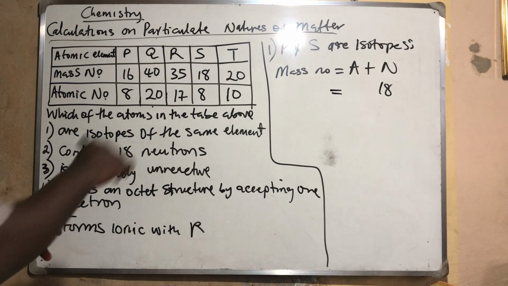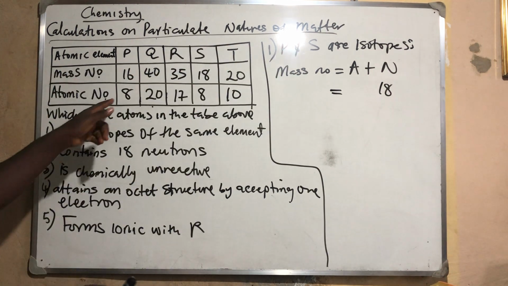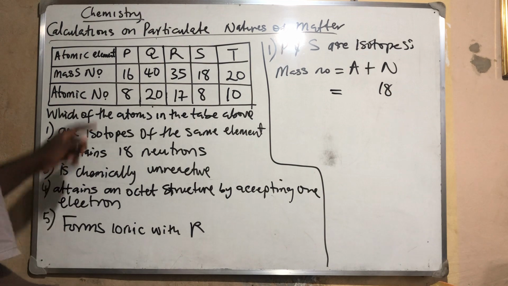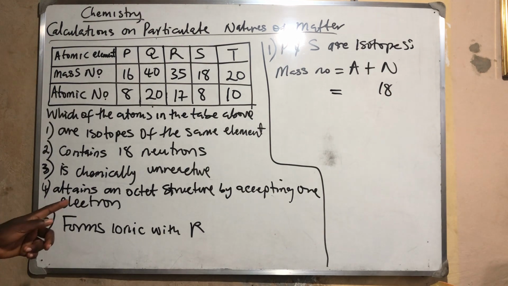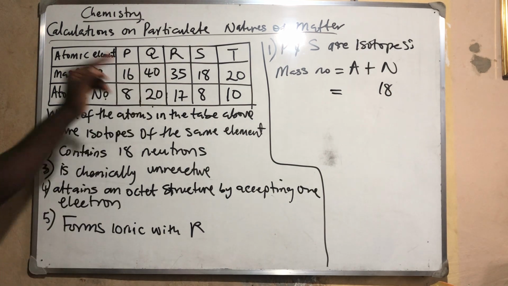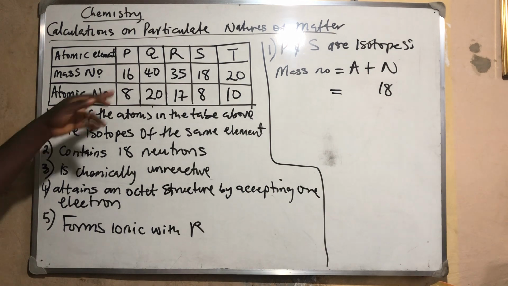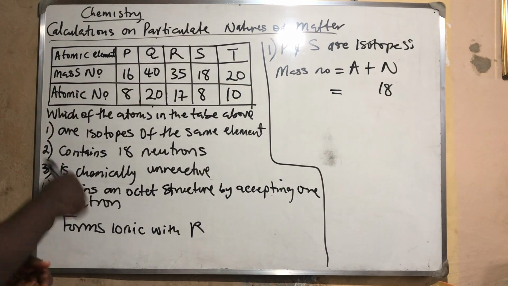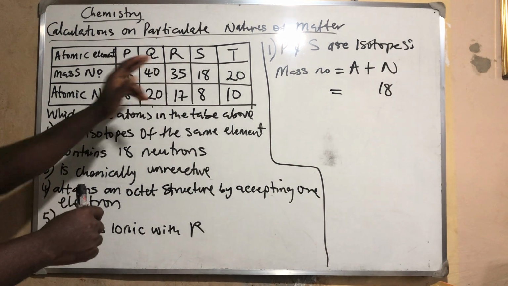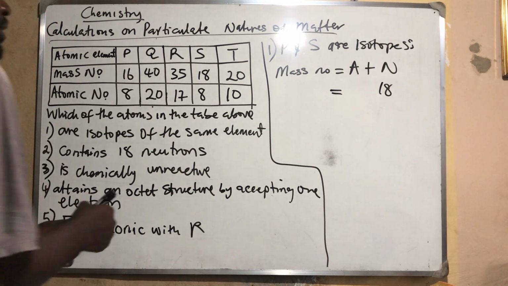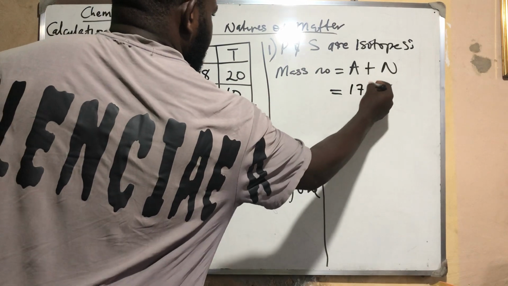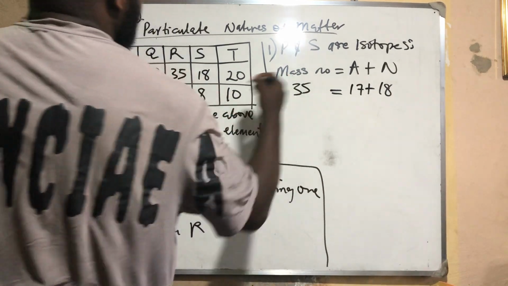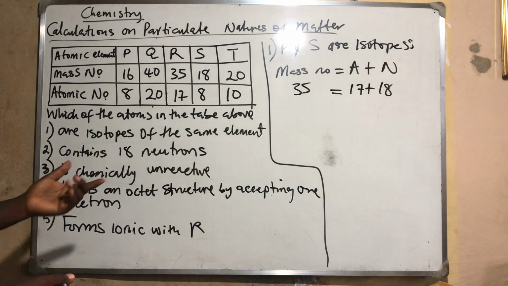You understand? So for example, 18 plus 8 is 26, and 26 is not here, so it's not correct. 18 plus 20 is 38, and this is not 38. 18 plus 17 is what? 35. So you see that for R, 18 plus 17 is giving us 35.